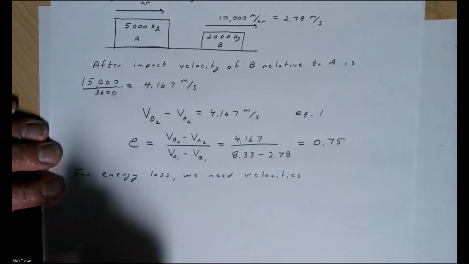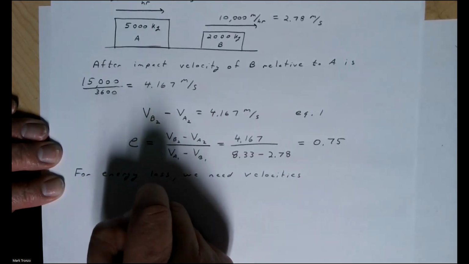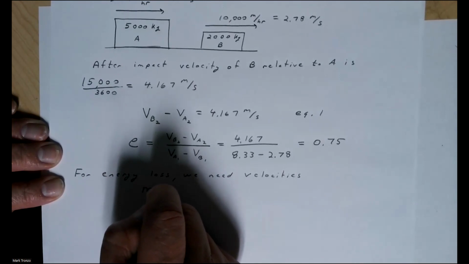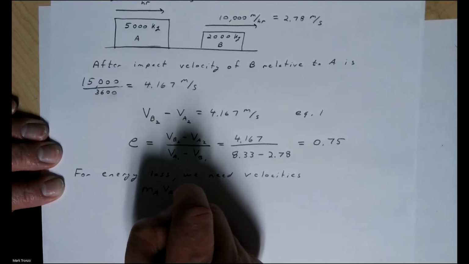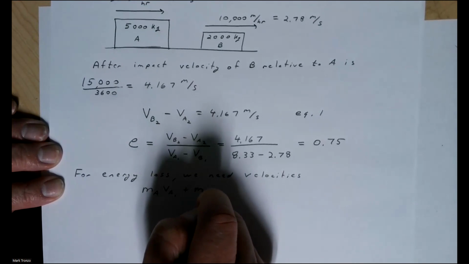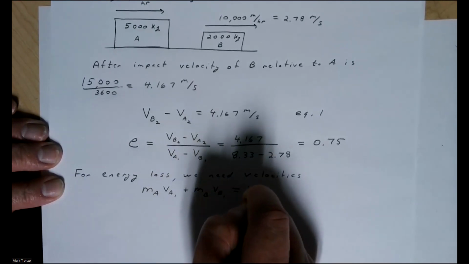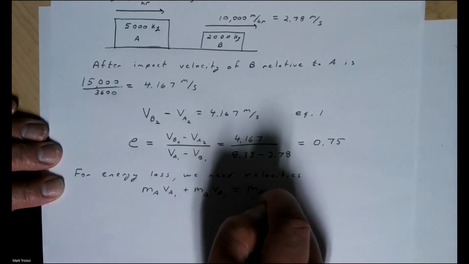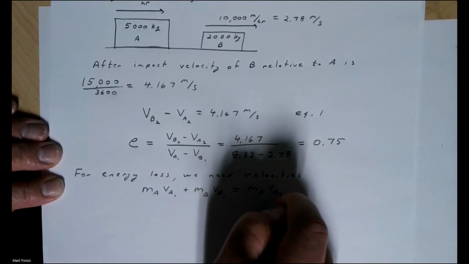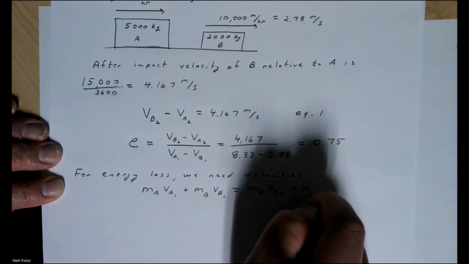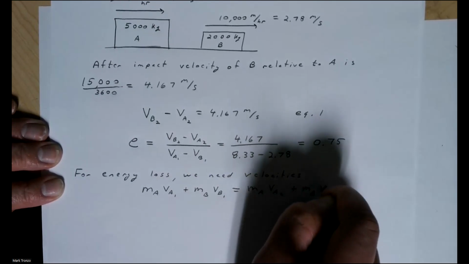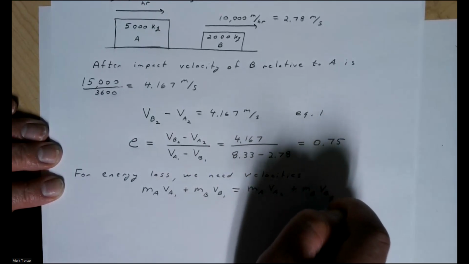And we can do conservation of momentum: MA VA1 plus MB VB1 equals MA VA2 plus MB VB2.